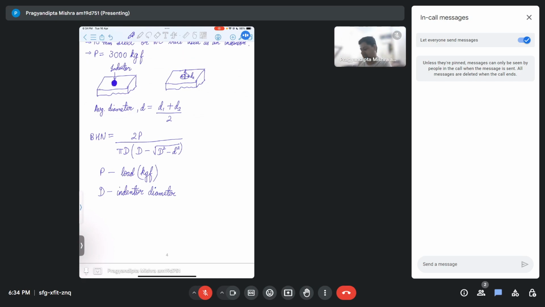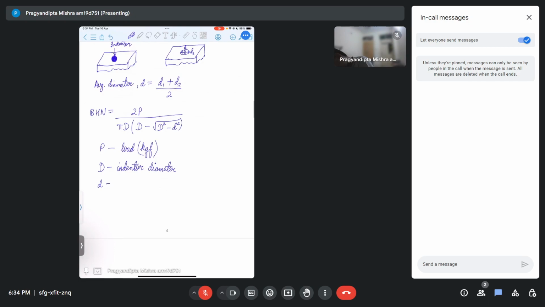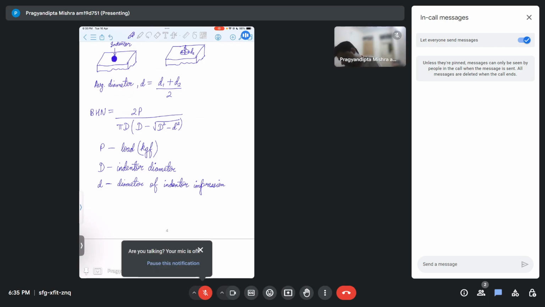The indented impression on the surface, the average value like I calculated with D1 plus D2 by 2, is small d. Small d and capital D are both in mm.